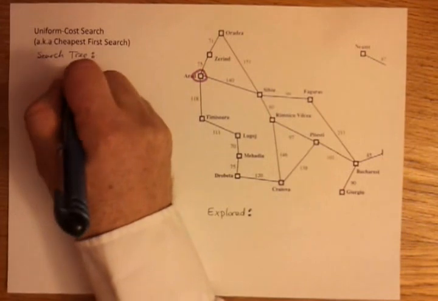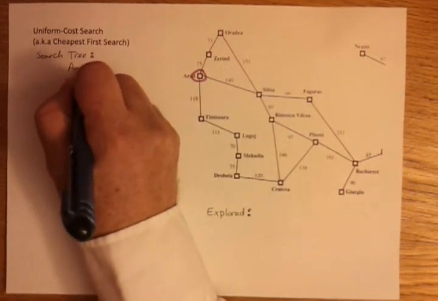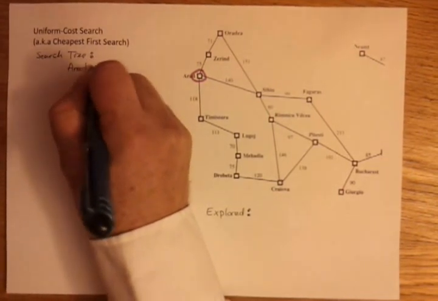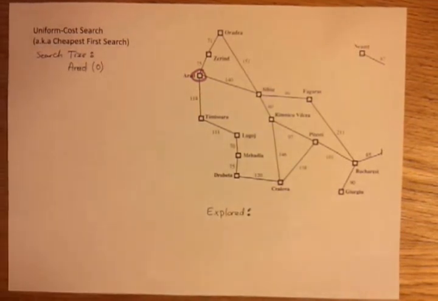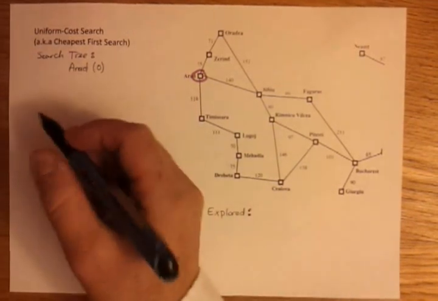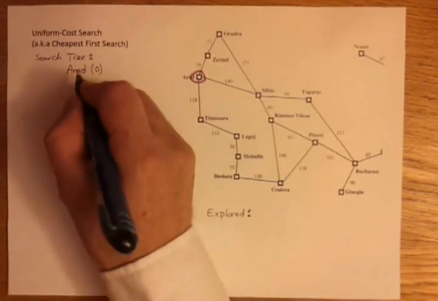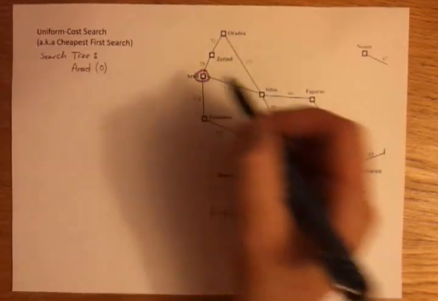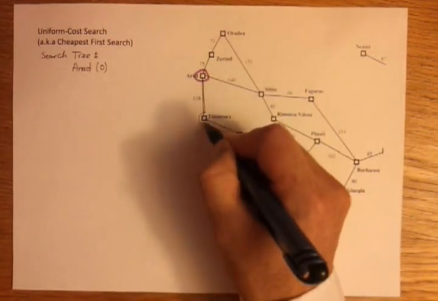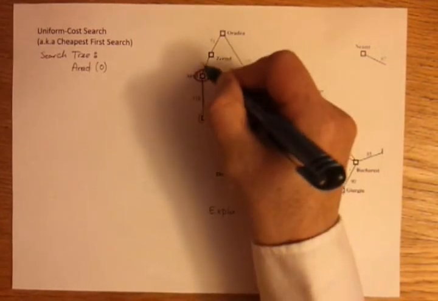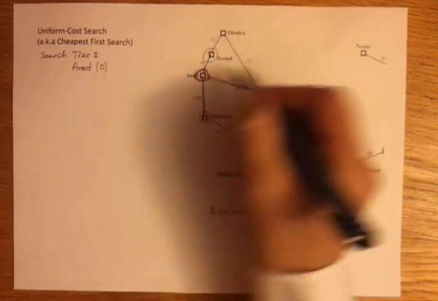So we will begin with the initial path, which is just Arad going nowhere, and the cost of that path is 0. But when we start the algorithm, we will immediately expand Arad, and it's got 3 places you can get to directly from it. I'm going to use 2-letter abbreviations.